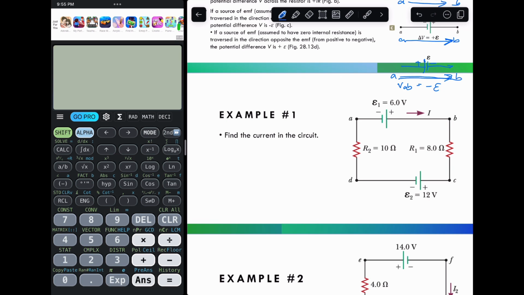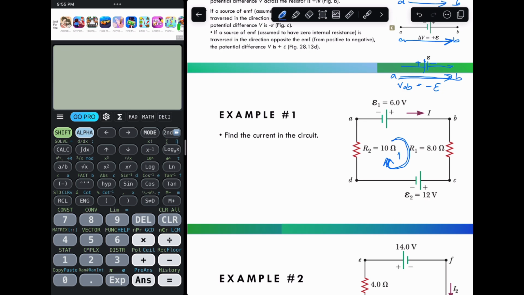So if I'm going to use the KVL, since there's a single loop and I want to find the current, I'm going to use this movement. That is loop number 1, and my direction is clockwise.